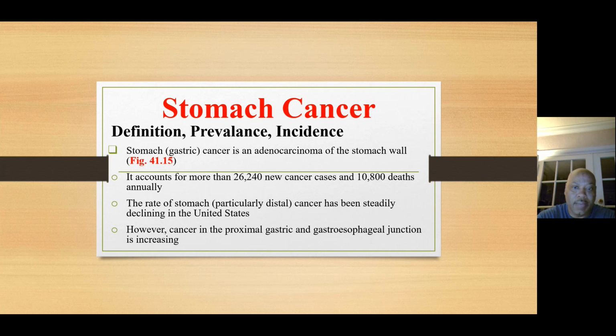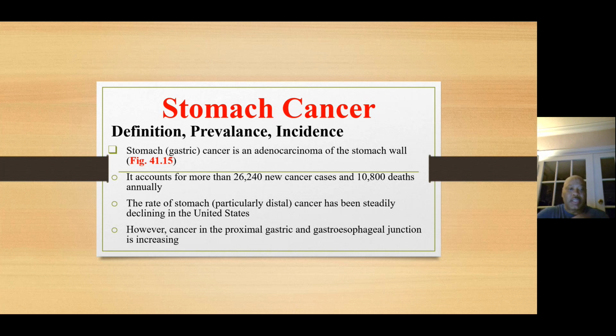The rate of stomach cancer, especially the distal type, has been declining in the United States, but cancer in the proximal stomach and the gastroesophageal junction is increasing.